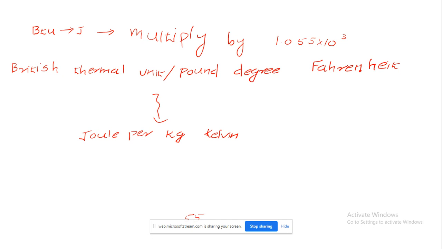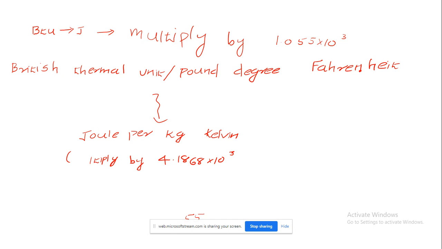So what should you do? How do we convert? In order to convert BTU per pound degree Fahrenheit to joule per kilogram Kelvin, you have to multiply it by 4.1868 into 10 raised to 3.